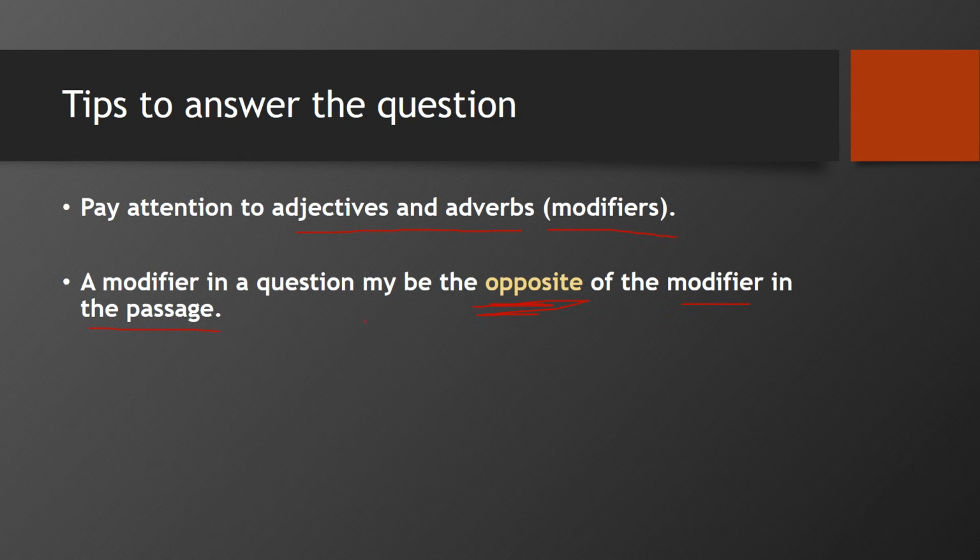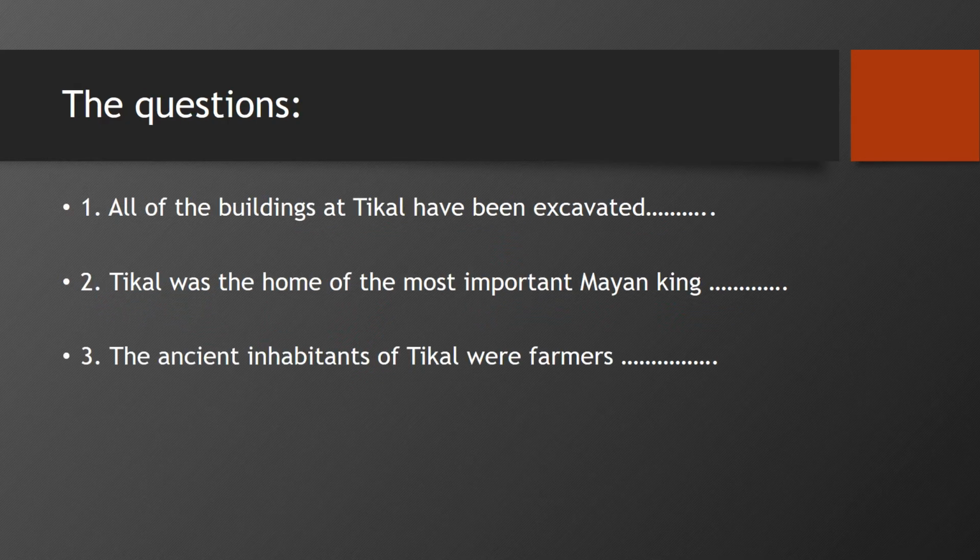Most of the time, or usually, this is the case. They put a modifier that contradicts or gives you the opposite meaning of the passage. So you should be careful. That is false, right?